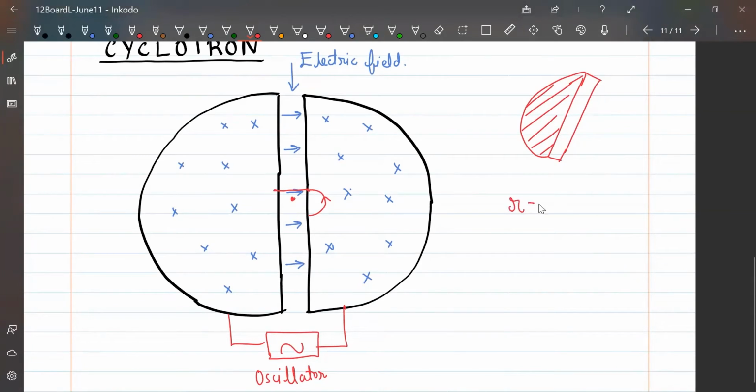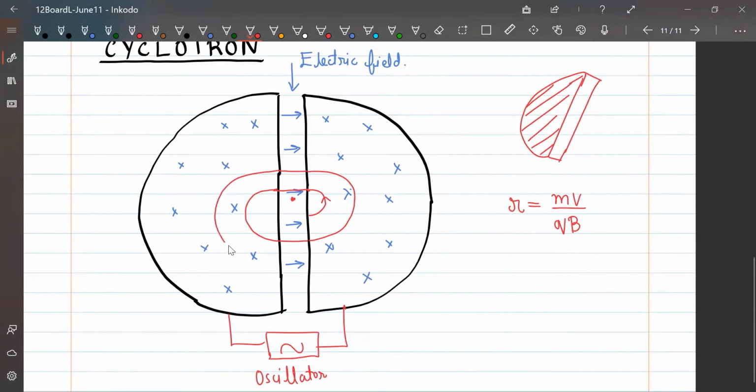Once it accelerates, its velocity is increased. We know that the radius of a charged particle increases with the velocity. So after gaining velocity, its radius will increase. Then again the direction of the electric field is reversed, and it goes on with an increased radius. Then again the electric field is reversed.